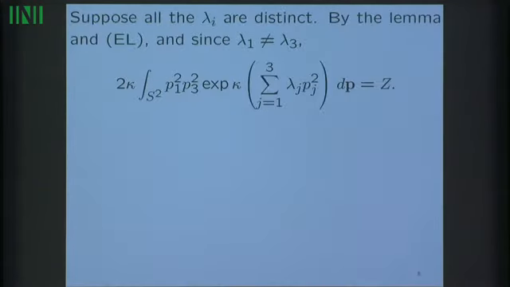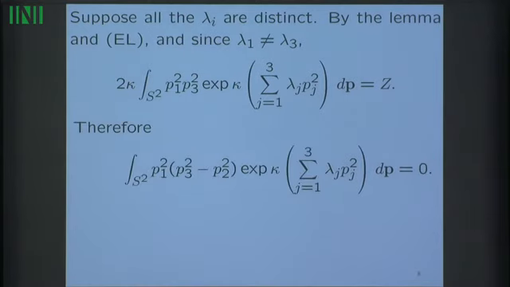So suppose all the lambda i are distinct, then we get from the lemma that 2 kappa times this integral is z. Now we can change 3 to 2, we get the same thing, and subtract. And so we get the integral of P1 squared times P3 squared minus P2 squared times the exponential is 0.